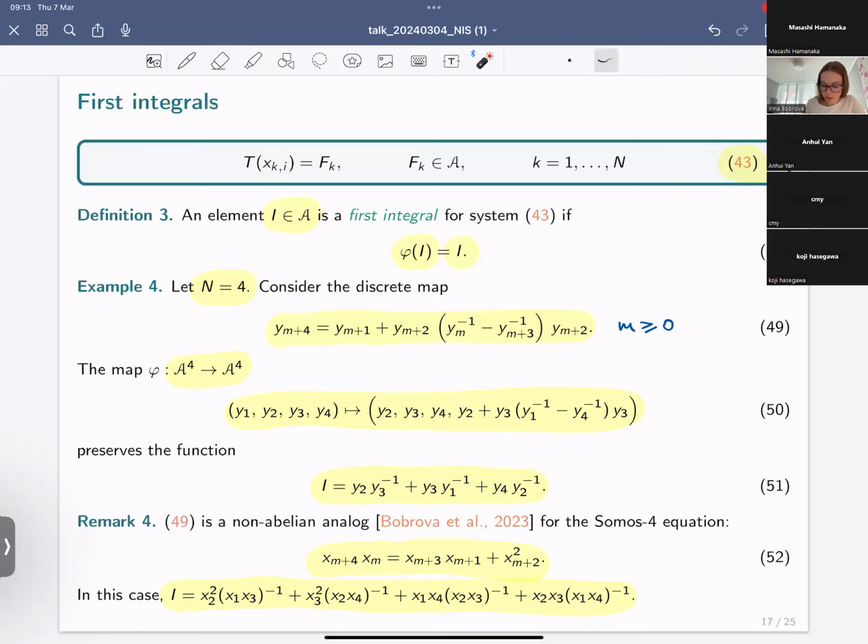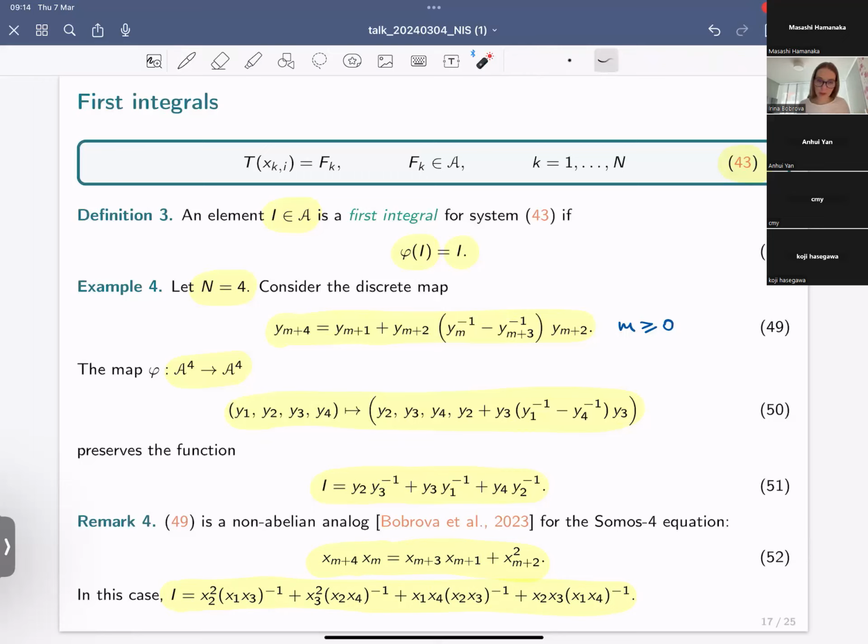In fact, we can start from this equation 52 and introduce some notation in order to introduce a new variable y sub m. I'm not sure that I can write it right now, but it has the form of the ratio of two x with different index m.